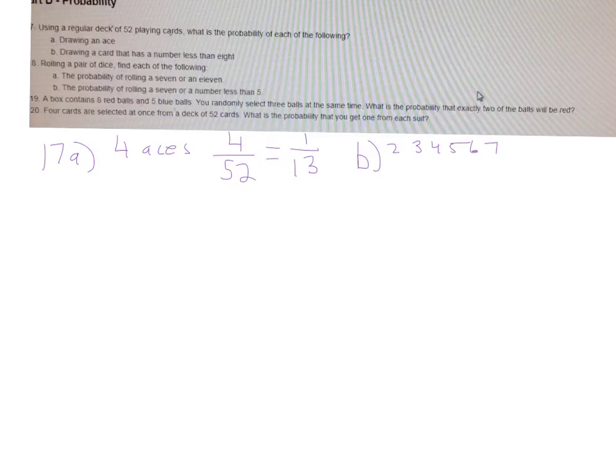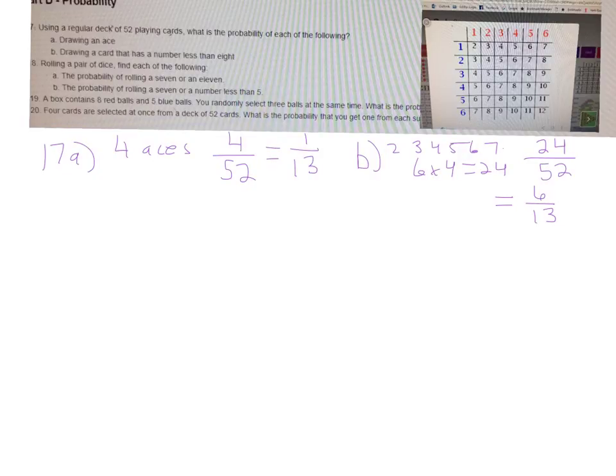So there's 1, 2, 3, 4, 5, 6. 6 times 4 cards that would be less than 8 in the deck, so 24 of those. So if you've got the 52 cards in front of you, there's 24 of them out of the 52 that would satisfy the conditions that are laid out here. And so in lowest terms, again, 12 over 26 or 6 over 13 would be the lowest terms in terms of the probability for that one.